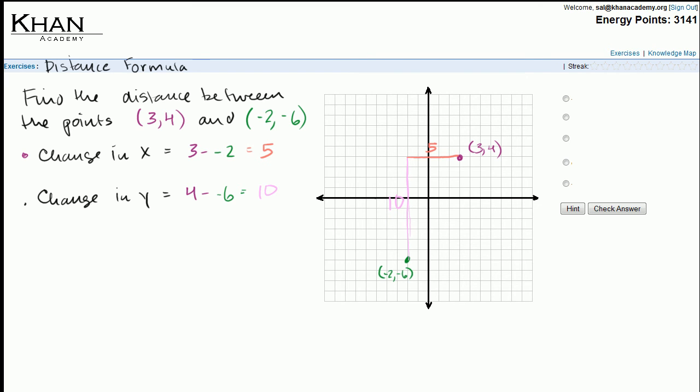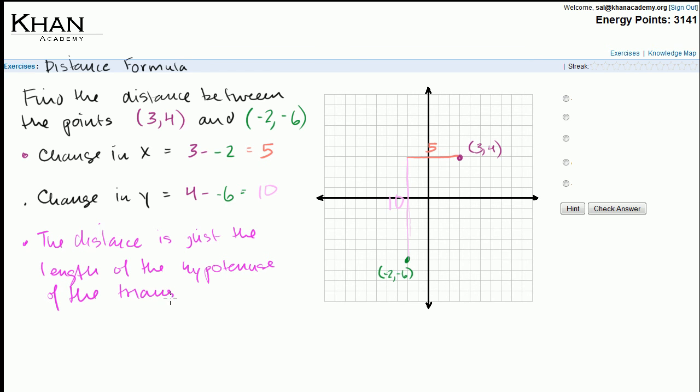And then if they click hint again, and let me find a suitable color that I haven't used yet, the distance is just the length of the hypotenuse of the right triangle displayed.